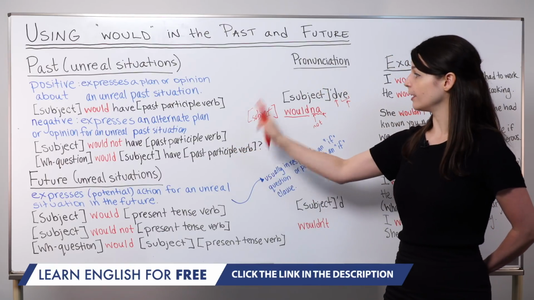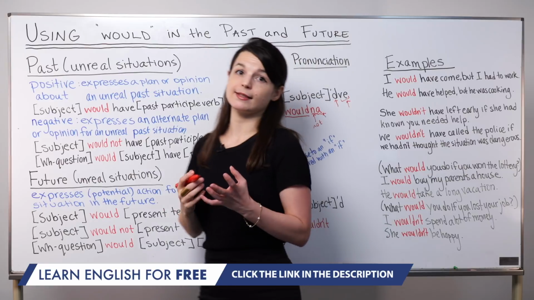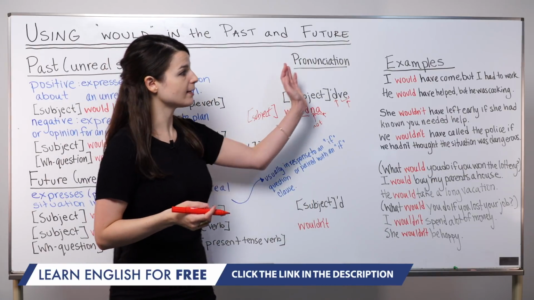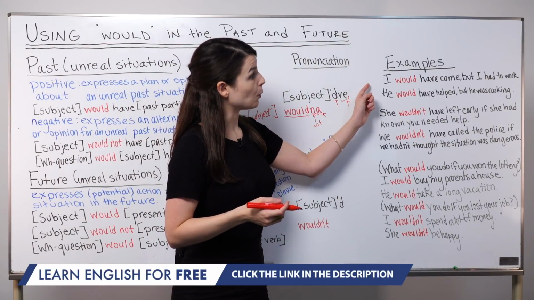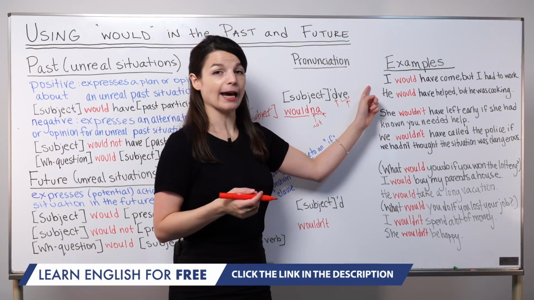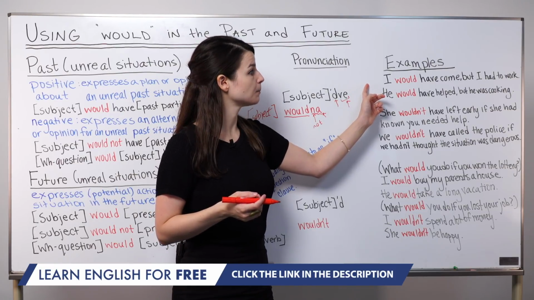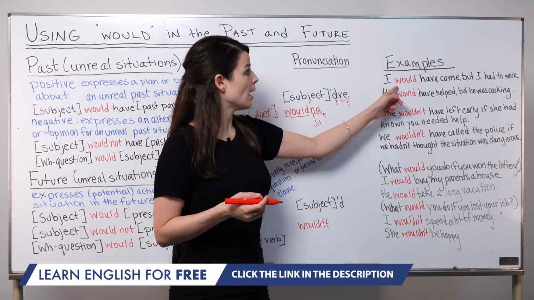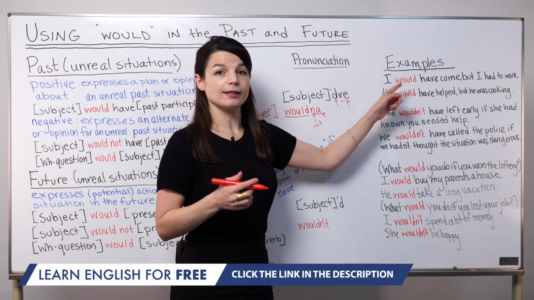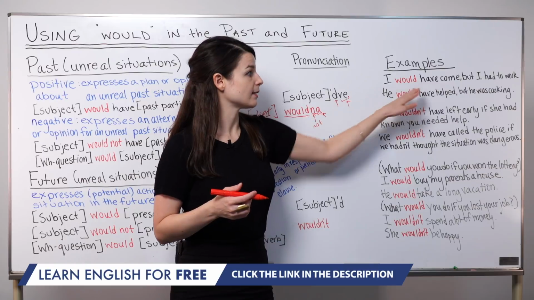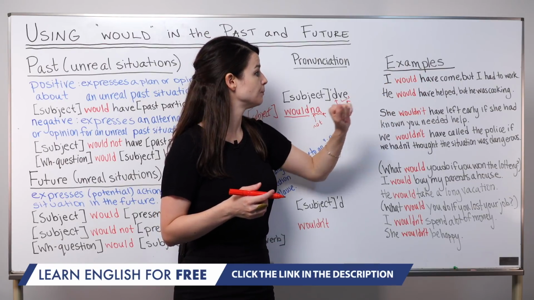So with this in mind, let's look at a few example sentences. First, a positive sentence. I would have come, but I had to work. So here, I could reduce this. I've made this a very clear sentence. I would have come.